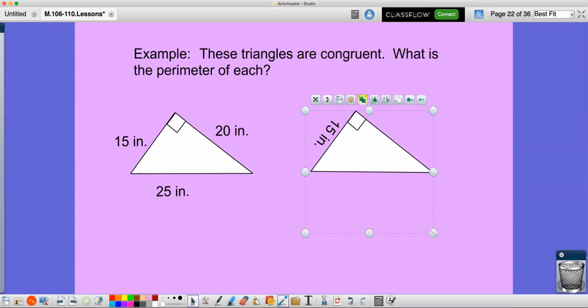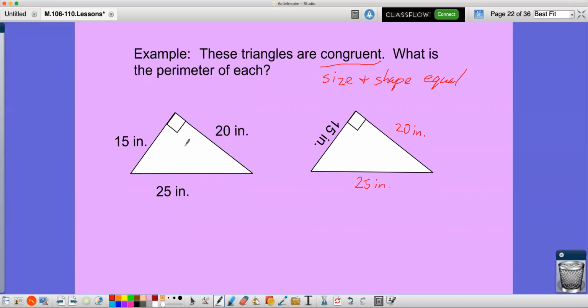And this side that I'm missing is also 20 inches, and this side is also 25 inches. So these are congruent. That means they're the same size and shape. Size and shape are equal.